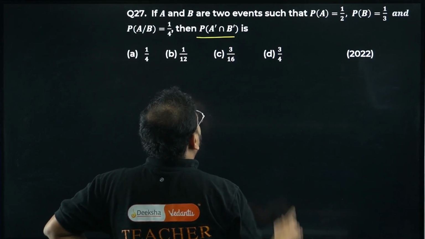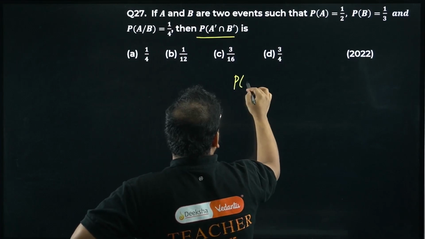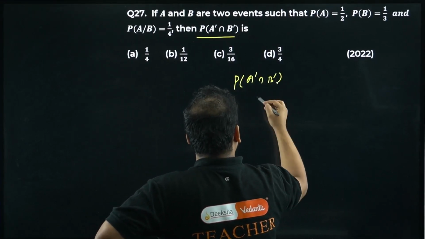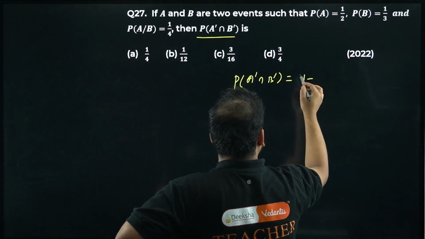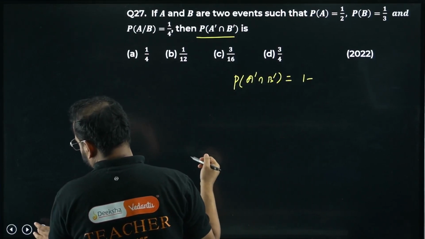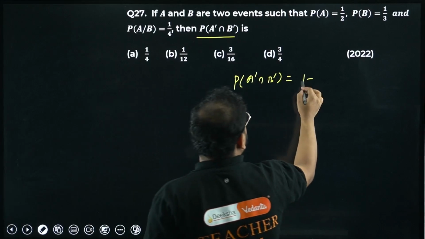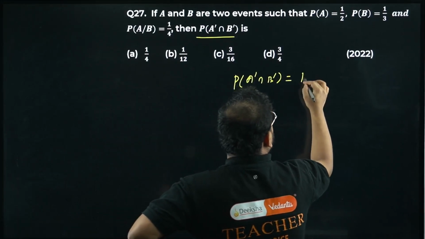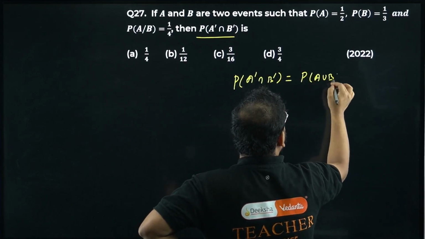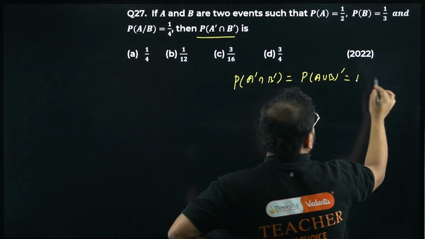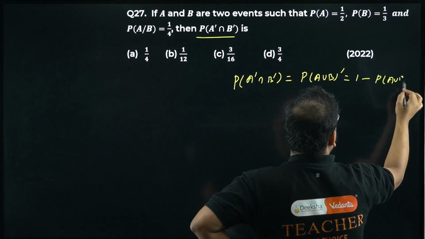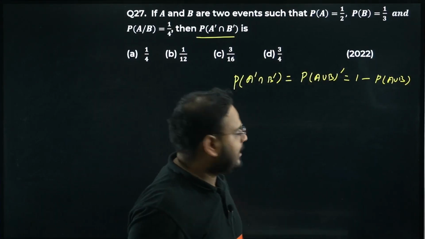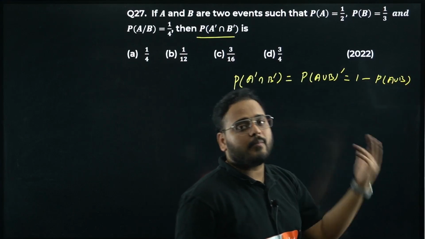P(A' ∩ B'), A complement with B complement intersection, is nothing but 1 minus P(A ∪ B). If I can find the value of P(A ∪ B), then my job is done.